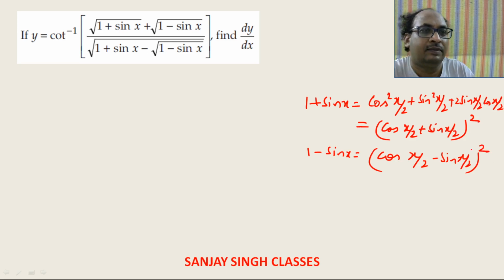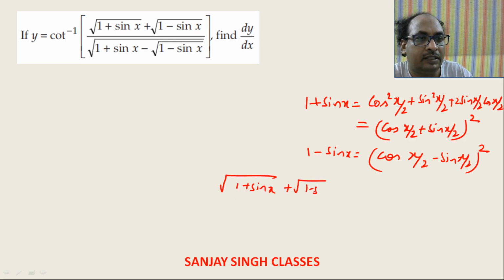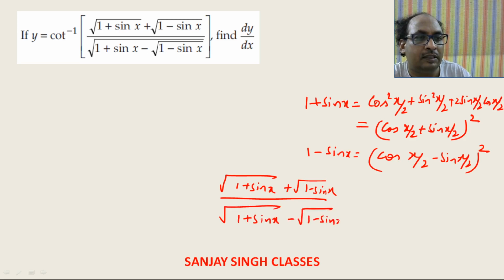Now when we substitute, here I am writing whole root 1 plus sin x plus whole root 1 minus sin x divided by whole root 1 plus sin x minus whole root 1 minus sin x.